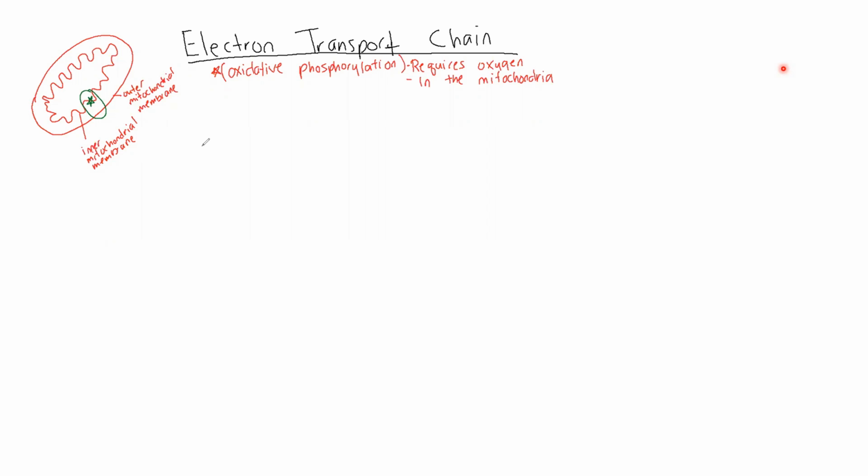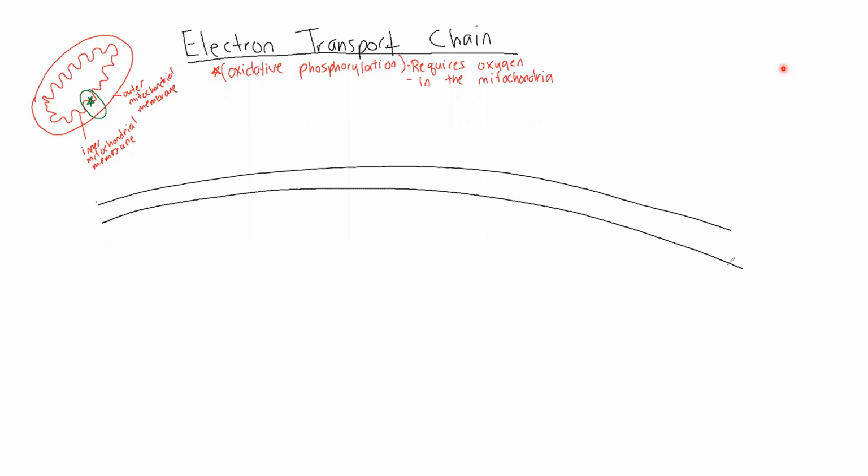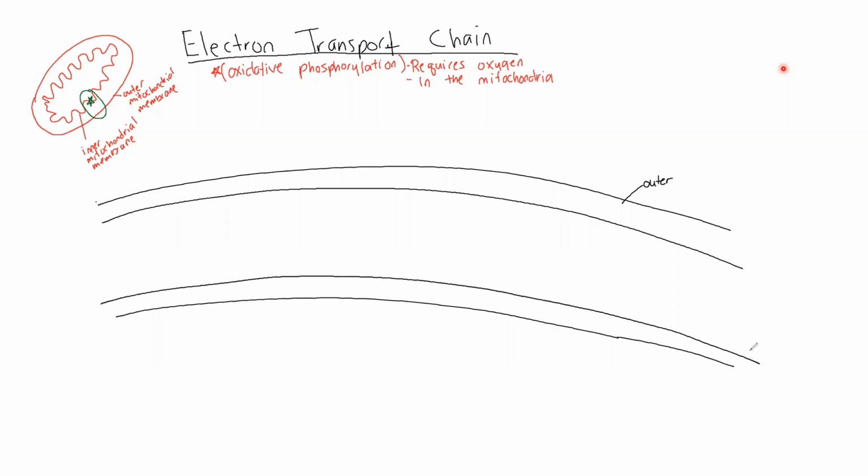Okay, so let's draw that. So here's our outer mitochondrial membrane. Here is our inner mitochondrial membrane. All right, this space here is called the intermembrane space.